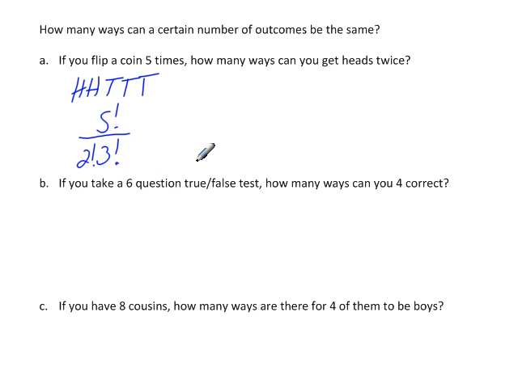We know if we did 5 factorial that we'd have a lot of repeats in there because you can't tell if these 2 heads have been switched. And so dividing gets rid of all of those repeats that look identical. And then if we simplify this, 5 times 4 times 3 factorial over 2 times 1 times 3 factorial. That looks like a 7. Let's fix that.